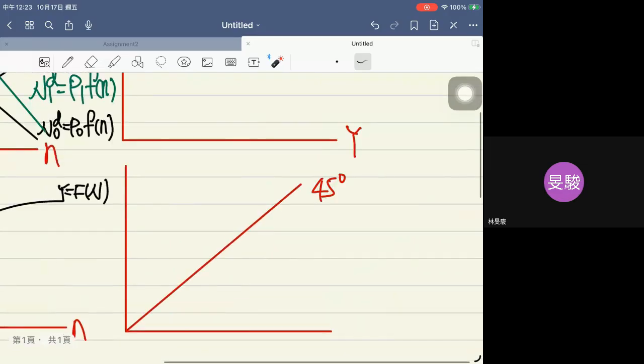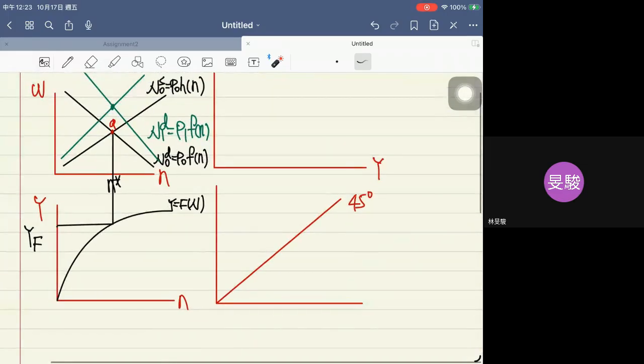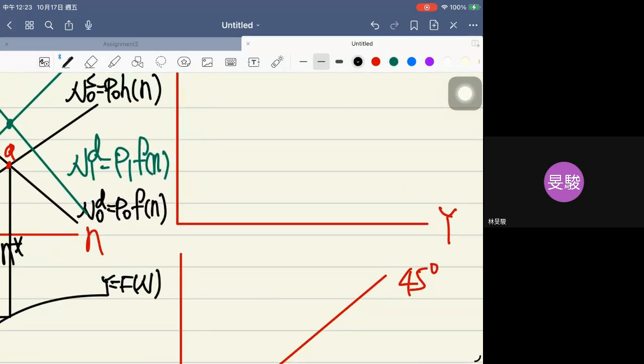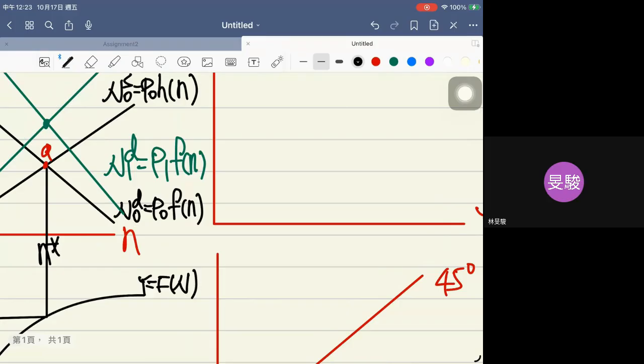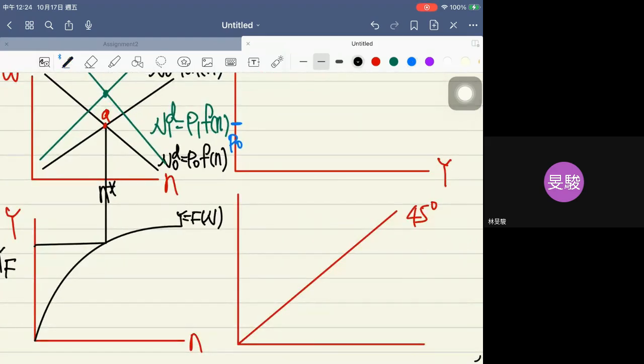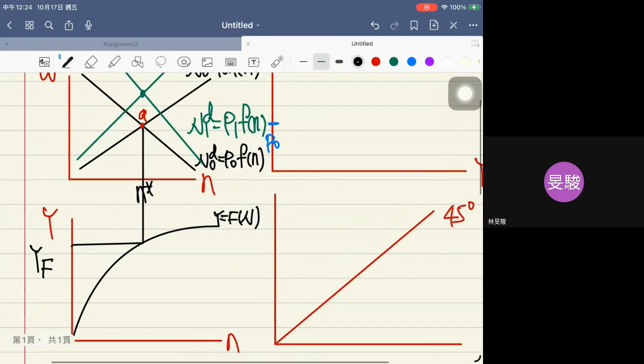Oh, sorry, I forgot to say we assume the initial price level P0. You have seen that. This is P0, and its output is YF.